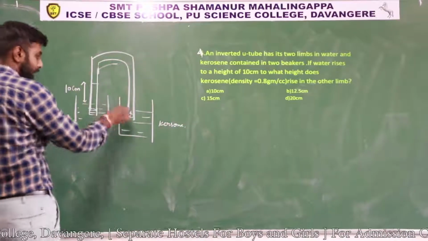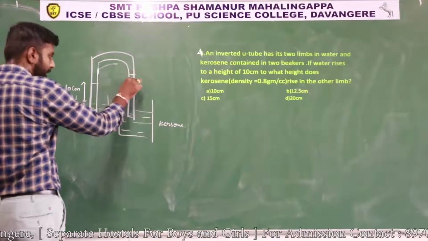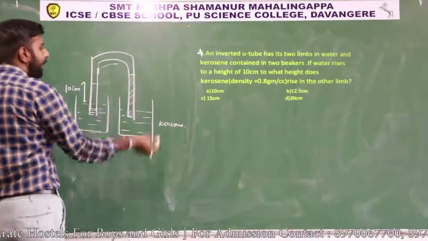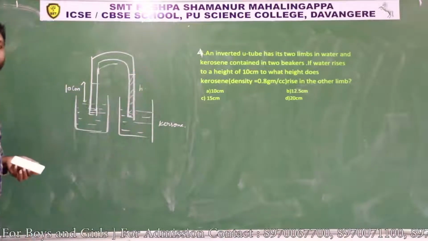So here we have to find what is the level of the kerosene in the other end. This H value we have to find out.